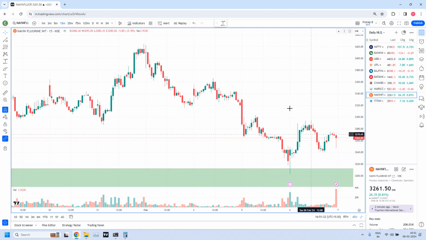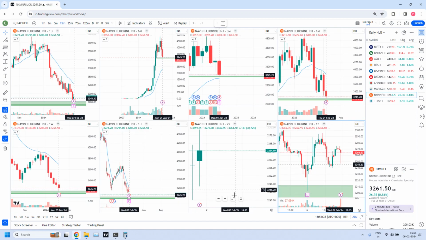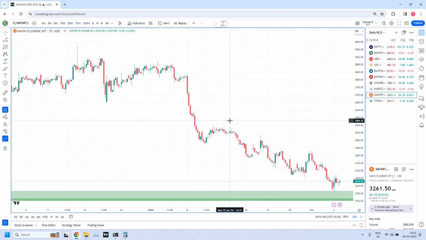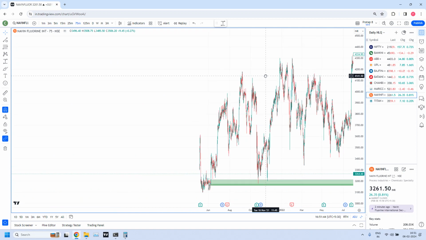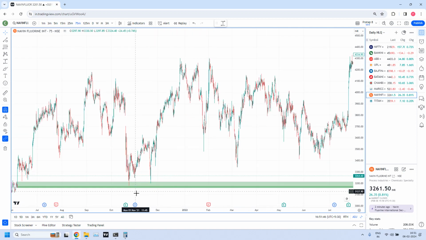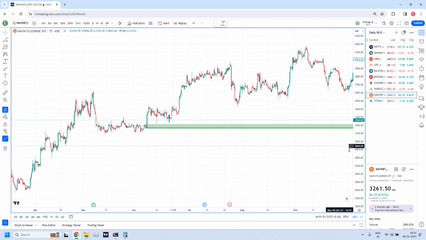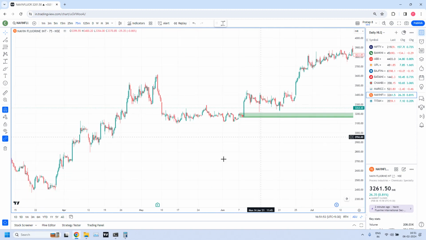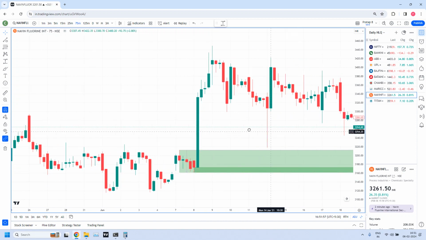Next one is Navin Fluorine. This is again a 75-minute zone, and this is the one that keeps testing several times. And we have fine-tuned to a 5 minutes time frame here at the distal line.